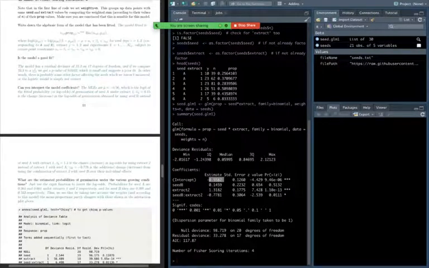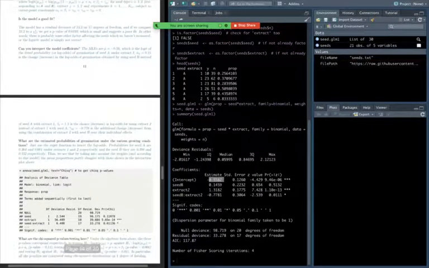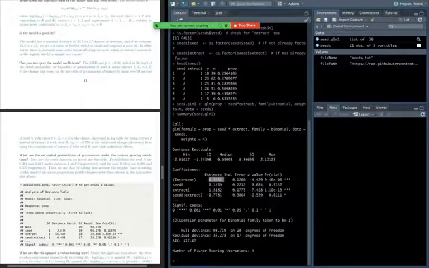An easier interpretation is to invert this logit function, so the logistic function of this, minus 0.56, and this is what we have as an answer here. So it's the probabilities, which is a bit easier to interpret. The probability of germination for seed A and extract 1 is 36%.